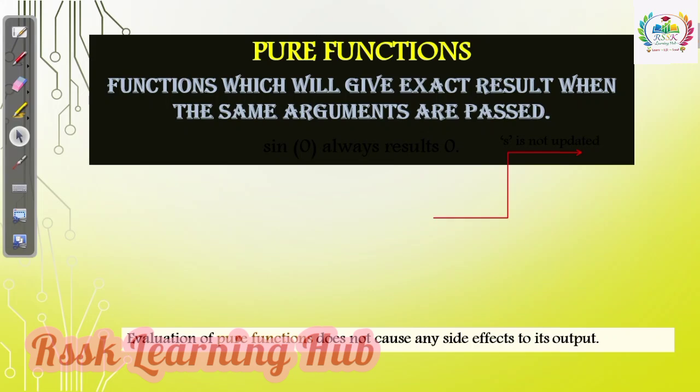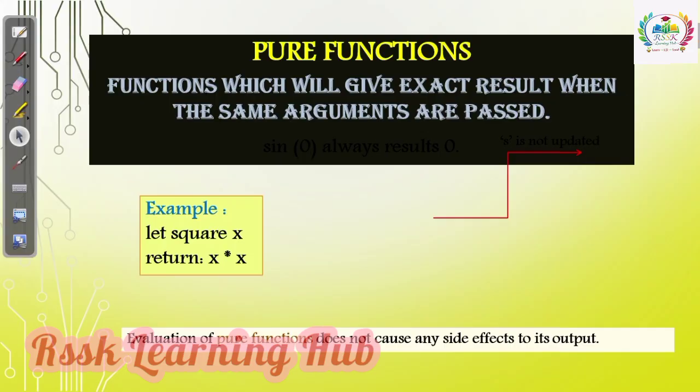Let us see one example. Coding here, see this one. How do you start your programming language here? It starts with the keyword let. In the previous session we saw let. What does this square imply? It is the function name. What does this x imply? It is the parameter. Now it returns x into x.